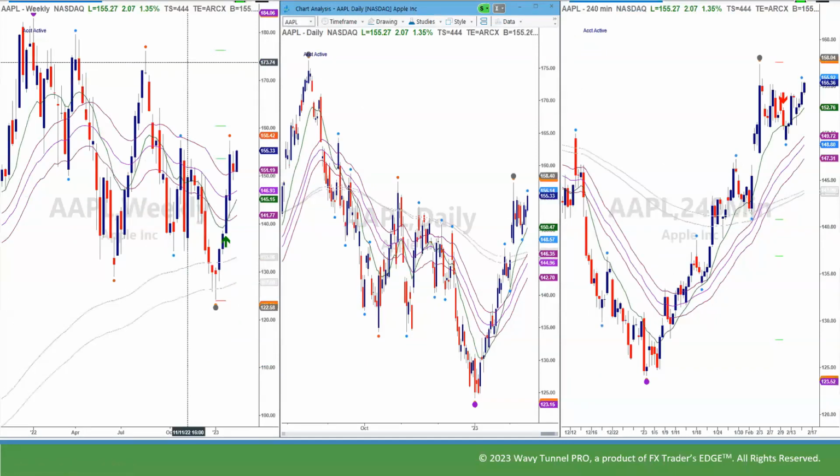So this is Apple. Everybody knows Apple. We got the ready here on Apple, and we got the signal here at 140. That was the signal at 140, but this was the ready. Now Apple is bullish, and you can see that on the 4-hour, the wave has crossed the tunnel.